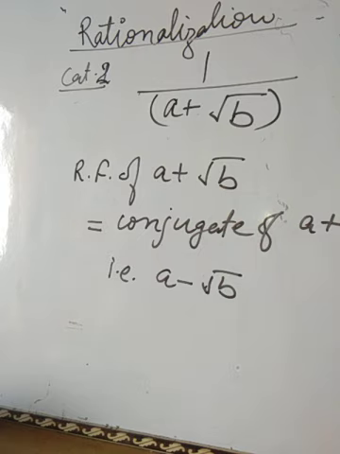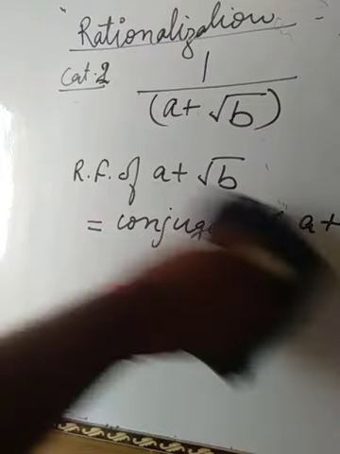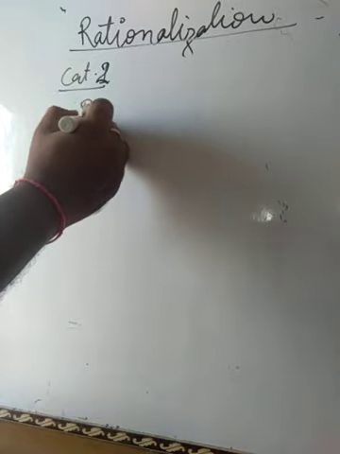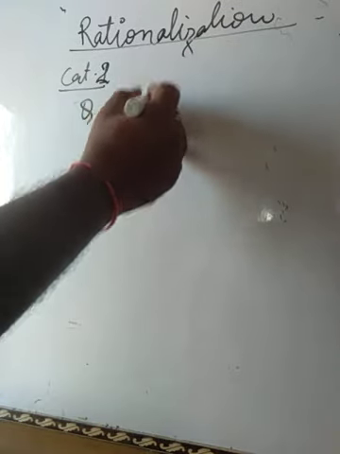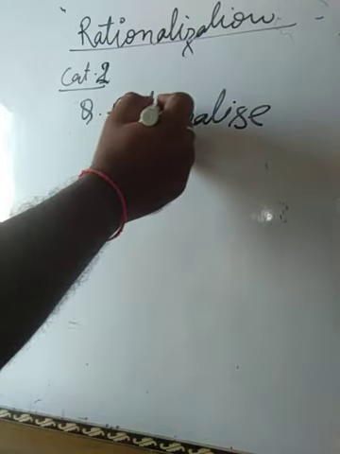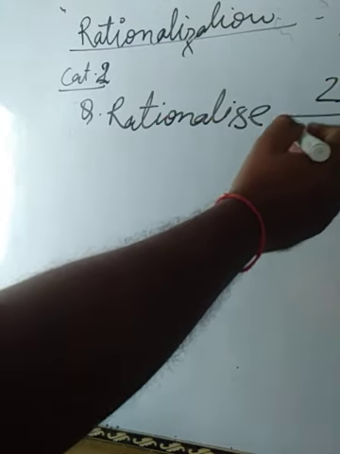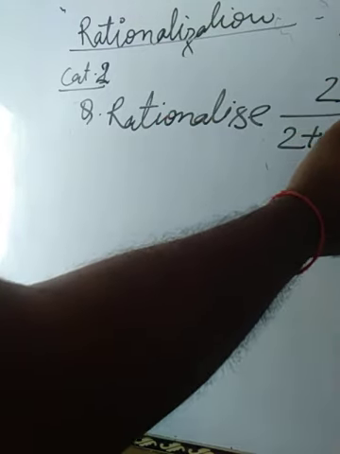To understand this concept, we will take one more example and try to solve it. Okay, so let's solve one question. Now the question is given as: rationalize 2 upon 2 plus under root 5.